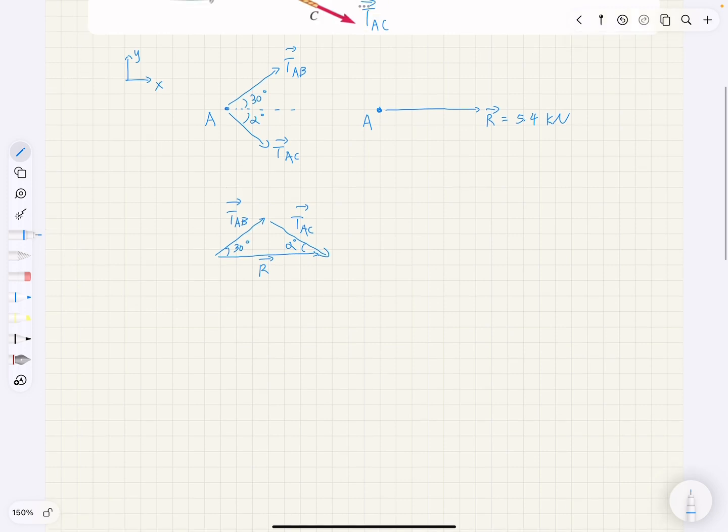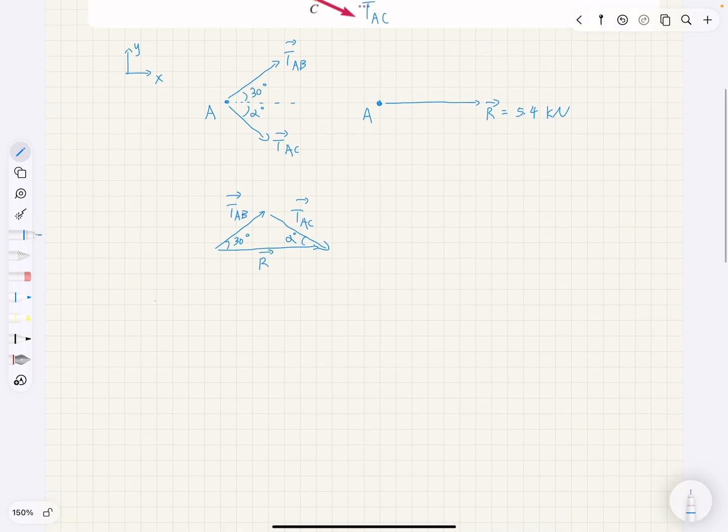By solving this triangle, we can use the law of cosines, where TAC equals the square root of TAB squared plus R squared minus 2 times TAB times R times cosine 30 degrees.